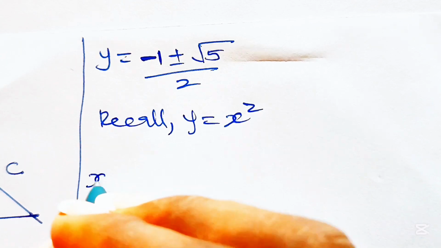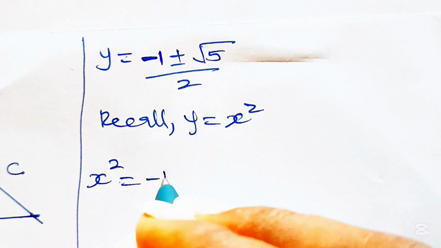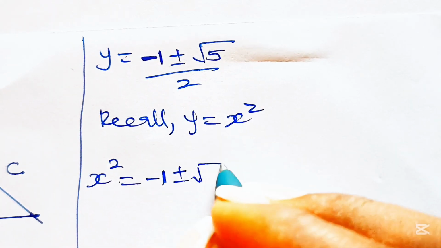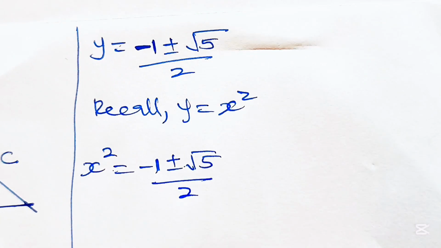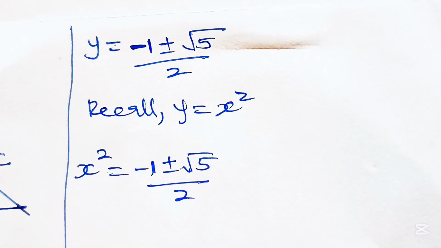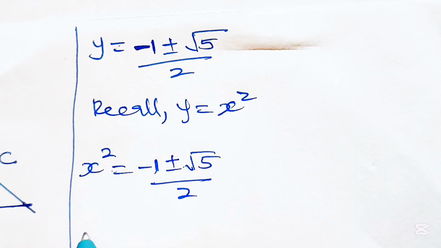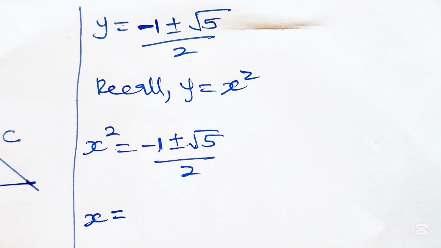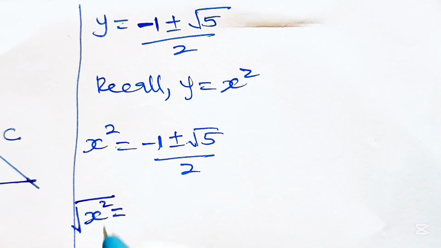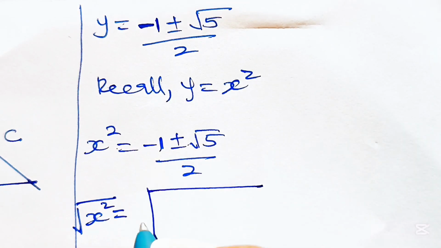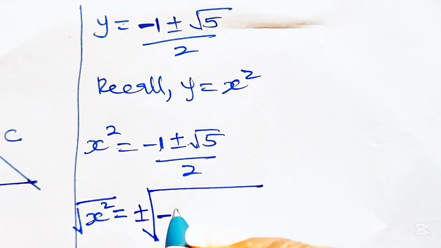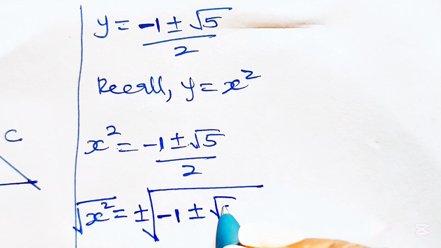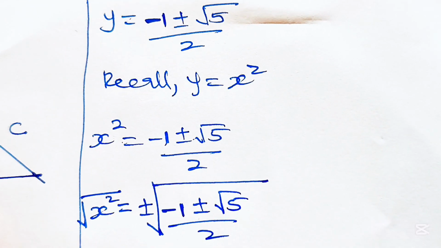So we have x squared is equal to minus 1 plus or minus the square root of 5, divided by 2. So that means that our x should be equal to, we take the square root of both sides of the equation. So we have the square root of x squared is going to be the square root of minus 1 plus or minus root 5 over 2.